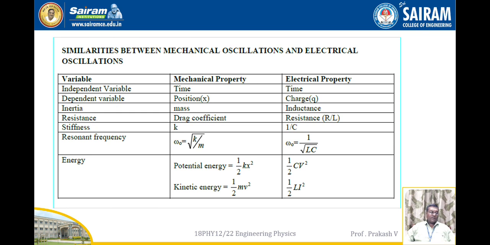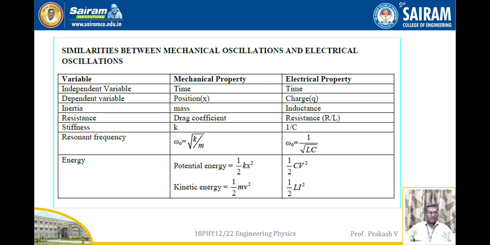If we consider the independent variable, time comes under mechanical property, and similarly time comes under electrical property. For the dependent variable, position x comes under mechanical property and charge q comes under electrical property. For inertia, mass comes under mechanical property, whereas inductance comes under electrical property.